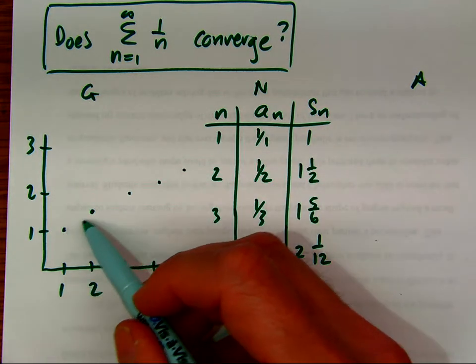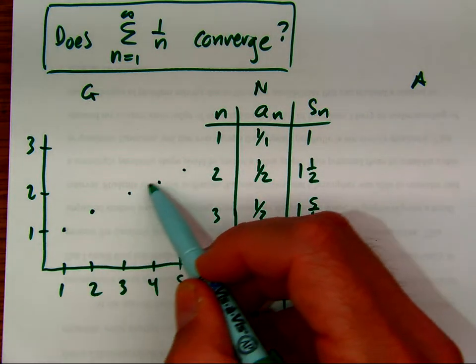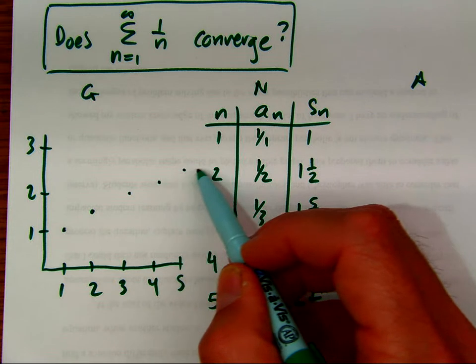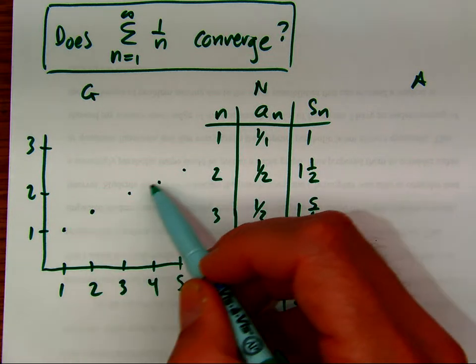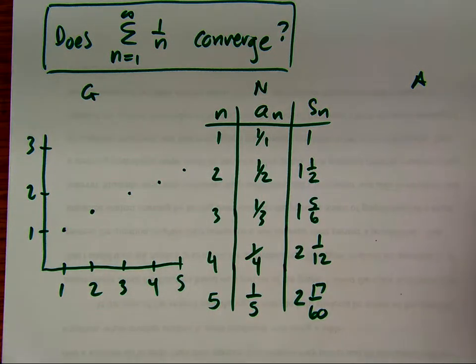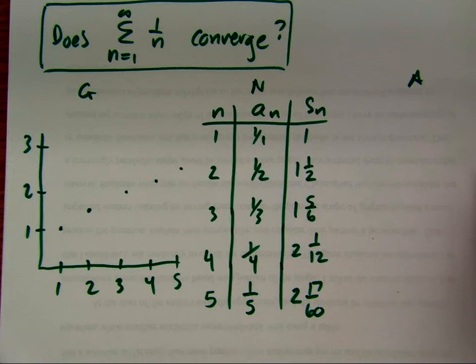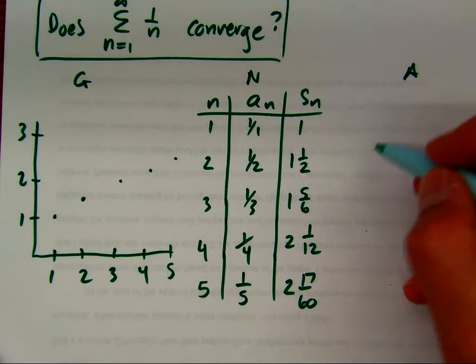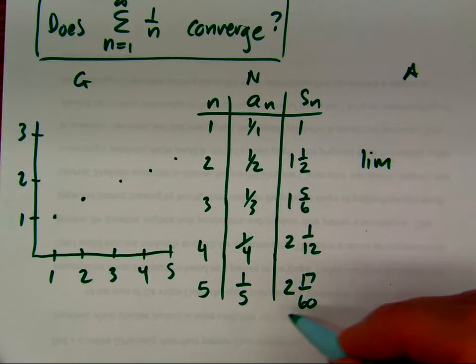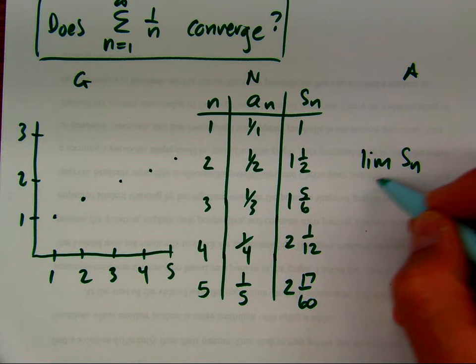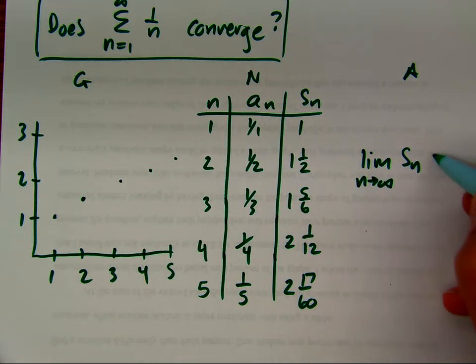So it just keeps on going up. It doesn't curve down and flatten out. It is curving down, but it never flattens out. It doesn't converge. So we know that the limit of Sn, as n goes to infinity, equals infinity.